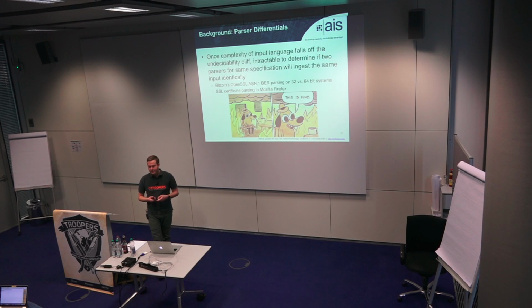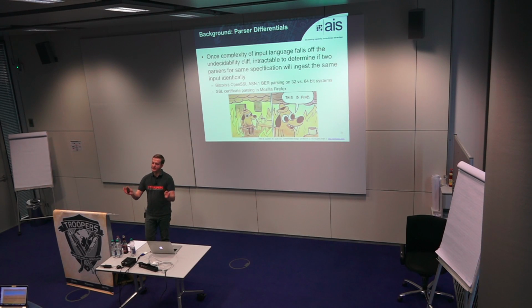Here are two examples. In Bitcoin, it uses OpenSSL, and they use ASN.1 BER encoding, which is a very, very complicated format. They actually found that on 32-bit systems, some transactions would be rejected, whereas on 64-bit systems, they would be accepted. So you could actually seed the blockchain with some instructions that half of all the 32-bit systems would accept and move on, and then they'd just be silently rejected by the other half.